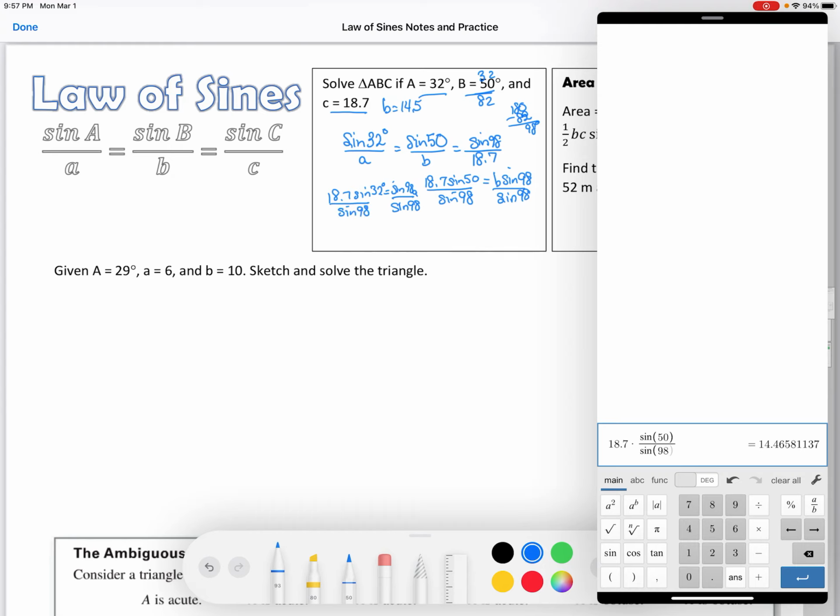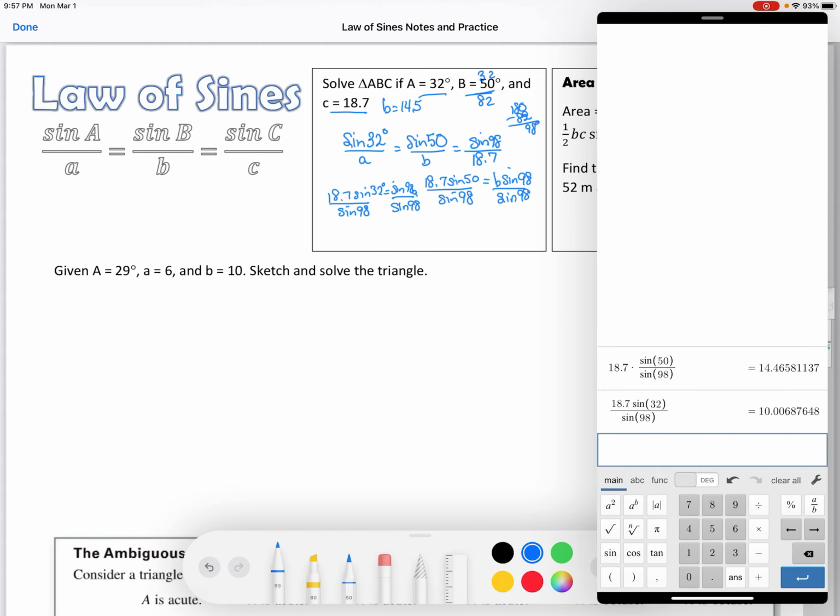So this time we are taking 18.7 times the sine of 32, and we're dividing that by the sine of 98.